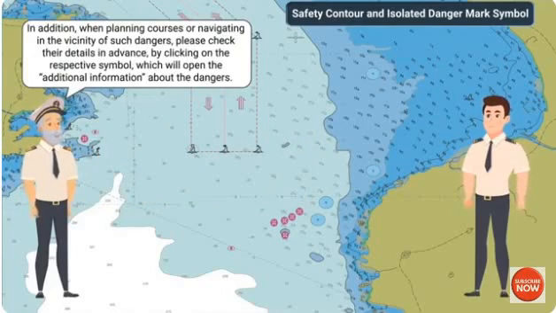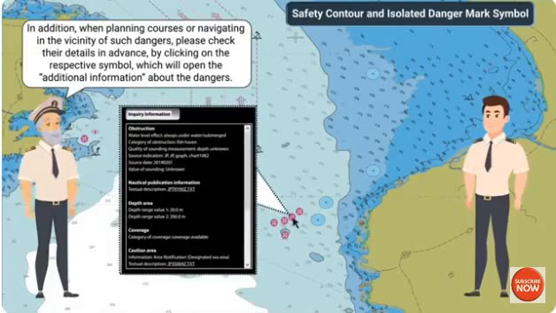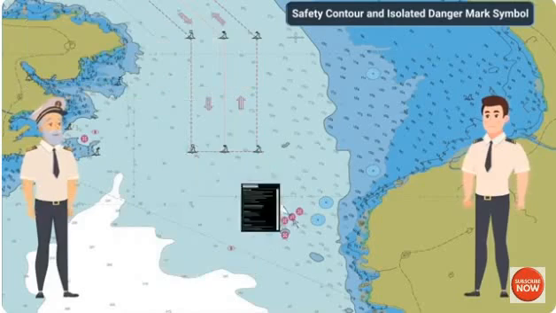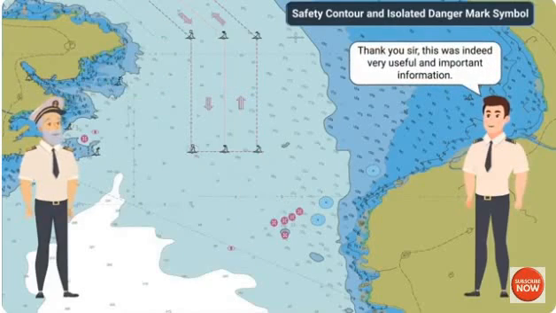In addition, when planning courses or navigating in the vicinity of such dangers, please check their details in advance by clicking on the respective symbol, which will open the additional information about the dangers. Thank you, sir. This was indeed very useful and important information.